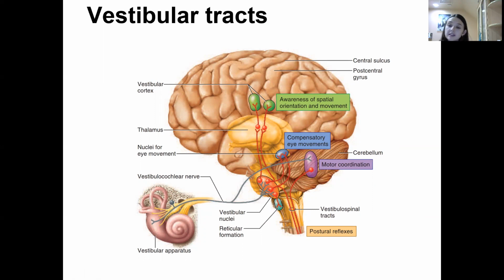Information about equilibrium is sent to the cerebellum, which controls muscle contraction during movement and maintains equilibrium. Also, information spreads through the thalamus to the vestibular cortex, which is responsible for awareness of spatial orientation and movement.